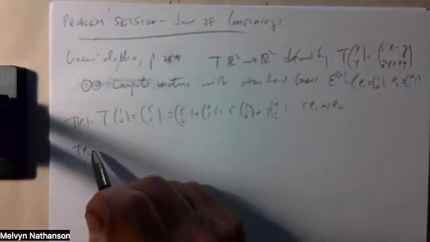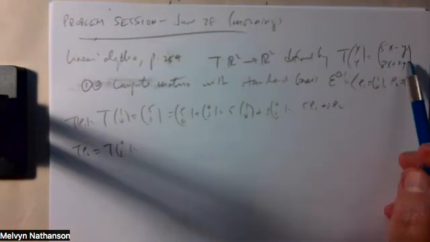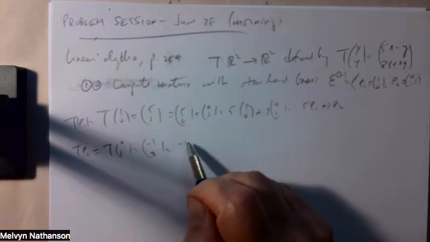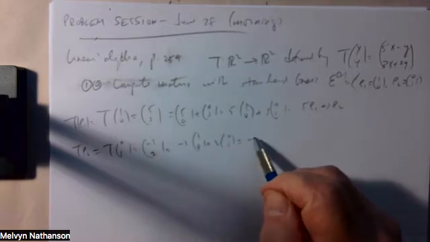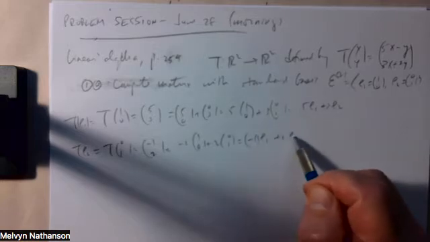And T of E2 is T of (0, 1). When x is 0 and y is 1, you get (minus 1, 2), which is minus 1 times (1, 0) plus 2 times (0, 1). That's minus 1 E1 plus 2 E2.